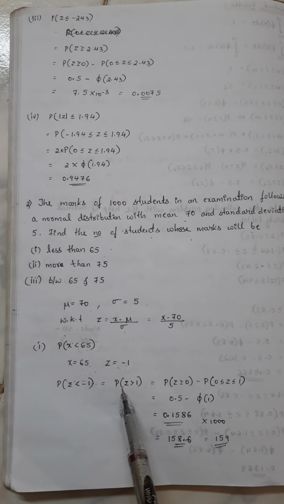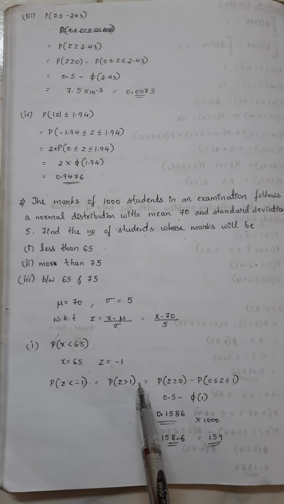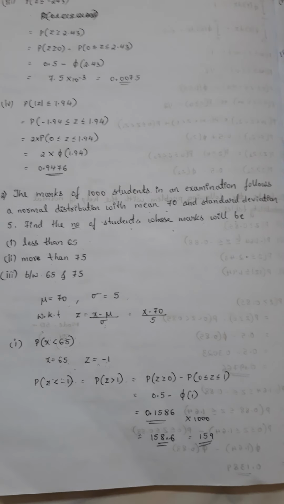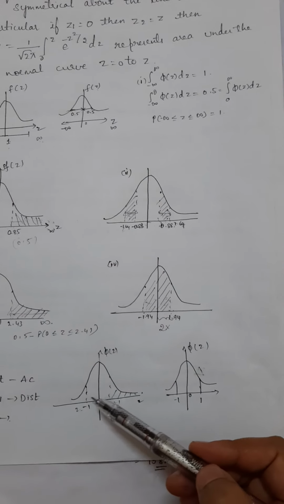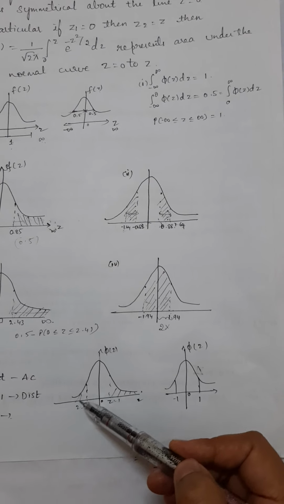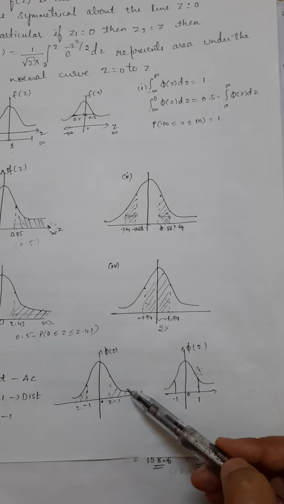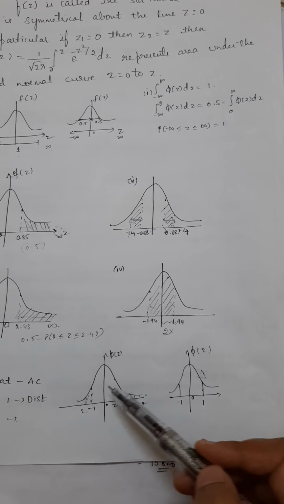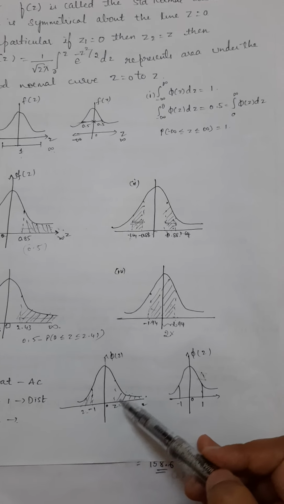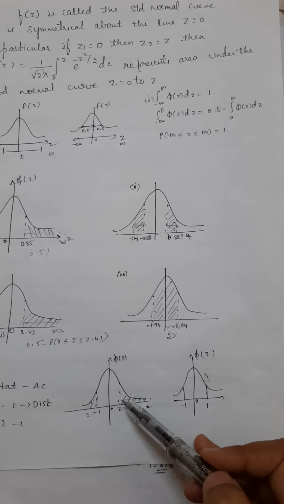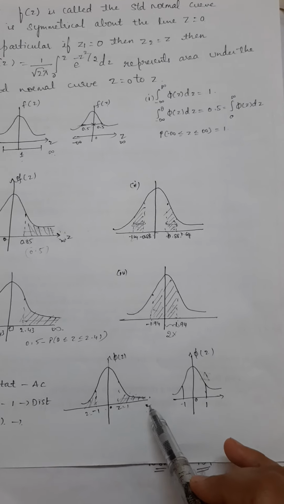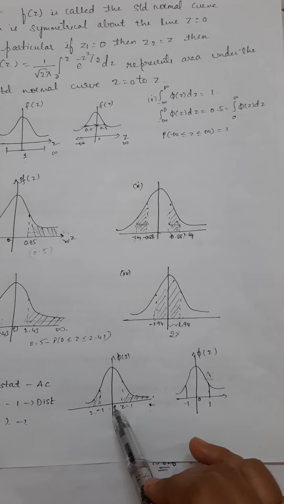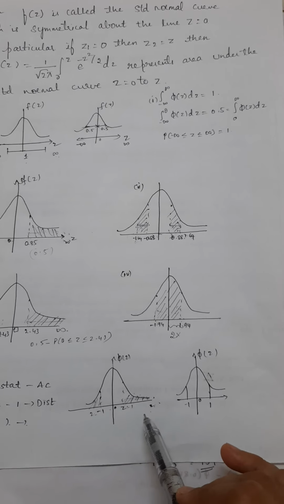We should calculate the probability of z less than minus 1, or it can also be written as the probability of z greater than 1. Probability of z less than minus 1 means this area we should calculate. Since it is symmetrical about the line z equal to 0, I can calculate P of z greater than 1. To calculate this area, I'll take the probability from 0 to infinity, which I know is 0.5.